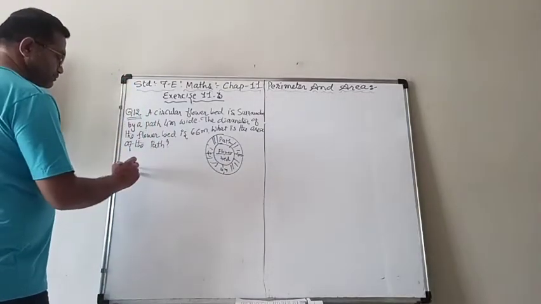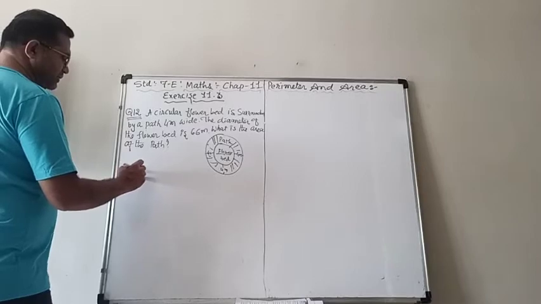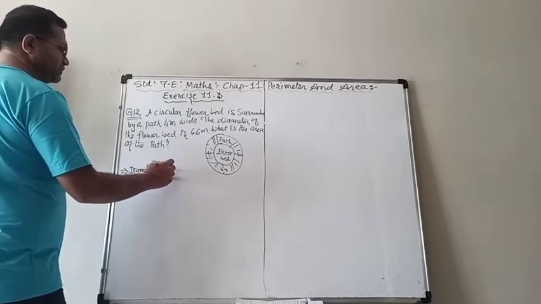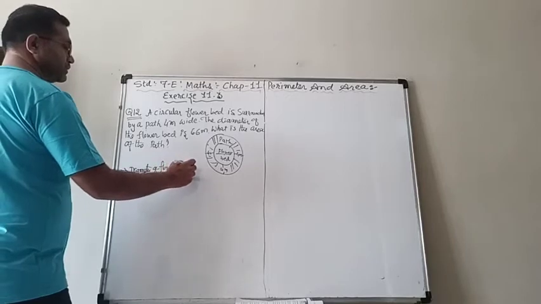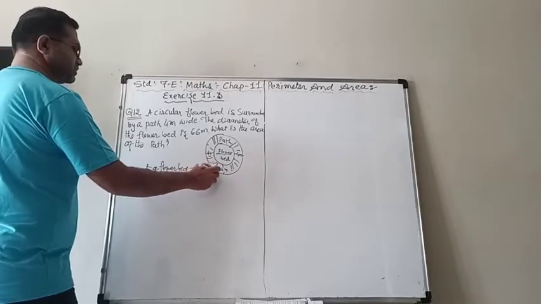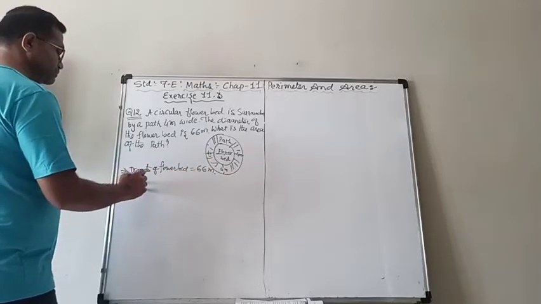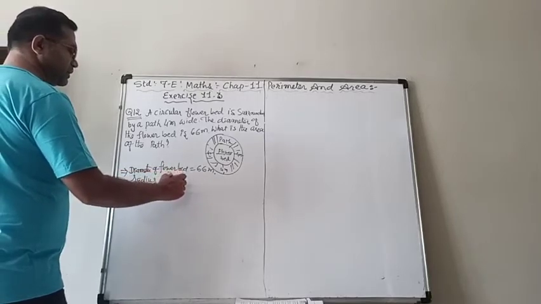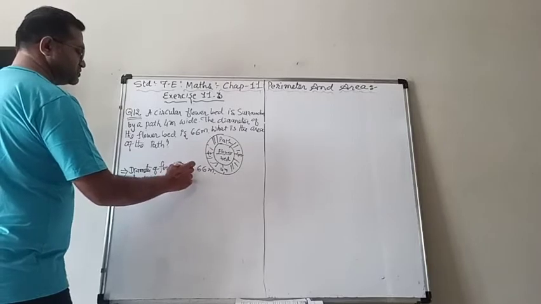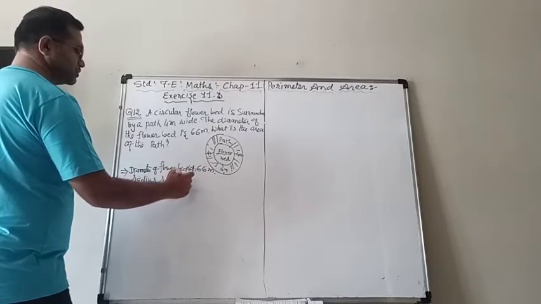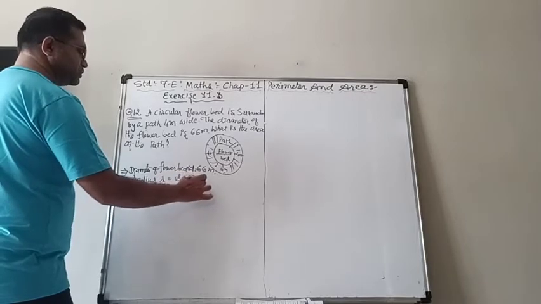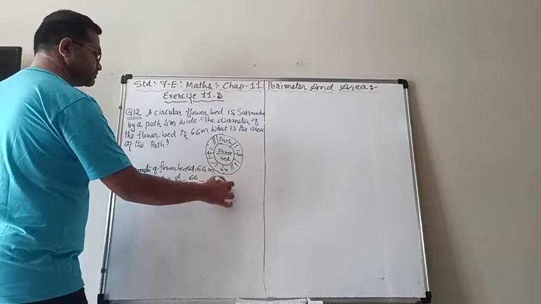Then we have to do the subtraction. So now, diameter of flower bed is equal to 66 meter. Therefore, radius r is equal to d upon 2, that is 66 upon 2, 33 meter.